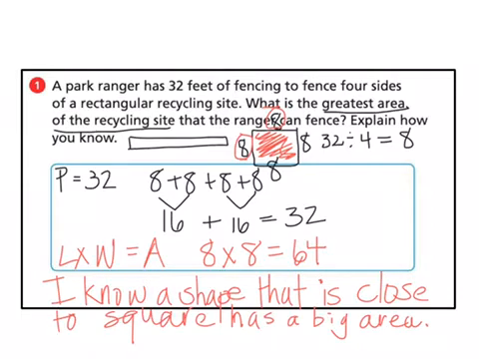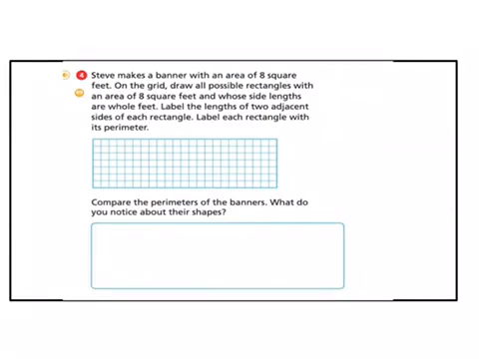All right, we're going to go to the next one, which is this one, about Steve. Steve made a banner with an area of 8 square feet. On the grid, draw all the possible rectangles with an area of 8 square feet, whose side lengths are whole feet.